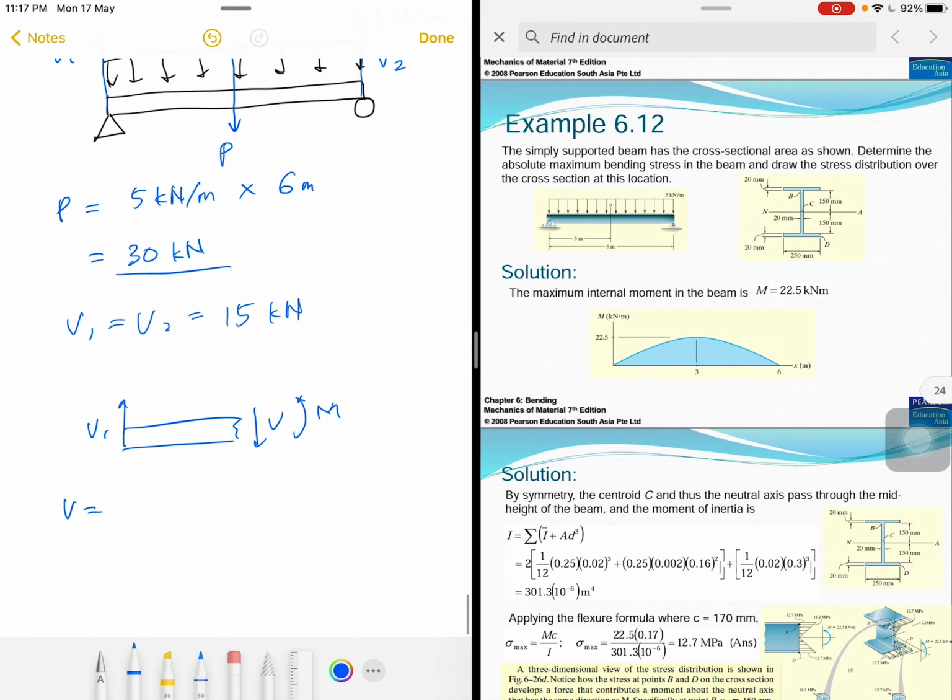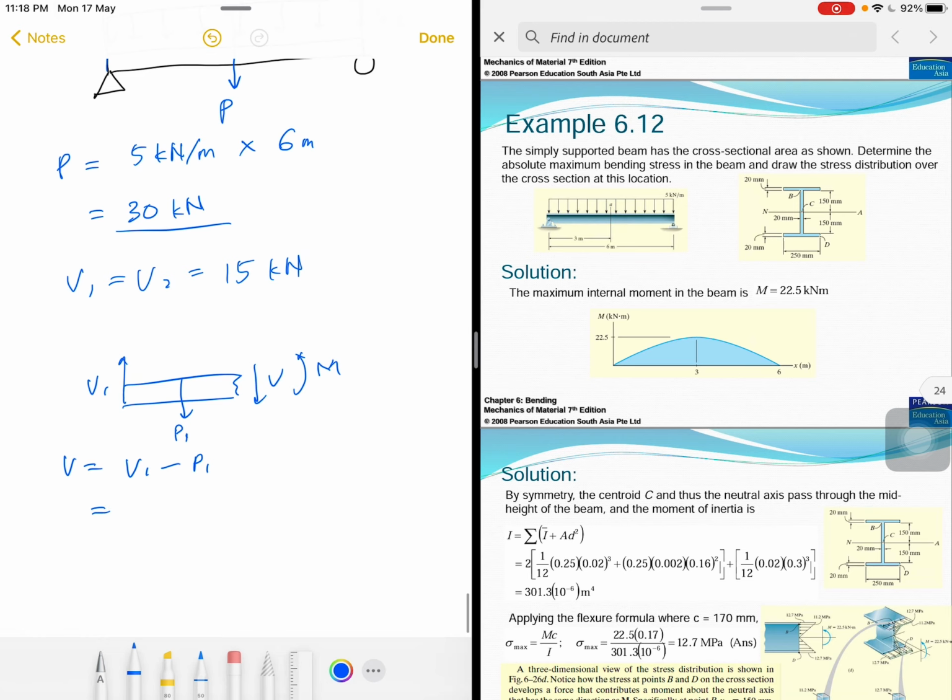So V is equal to, we have P1. V is equal to V1 minus P1.